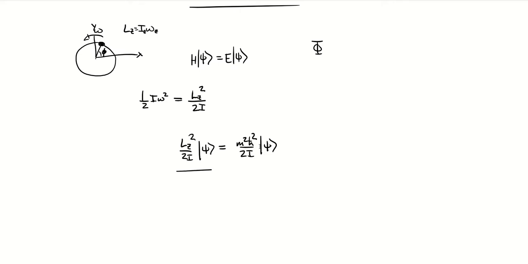So we've shown that the energy for this system would be m squared h bar squared over 2 times the moment of inertia.